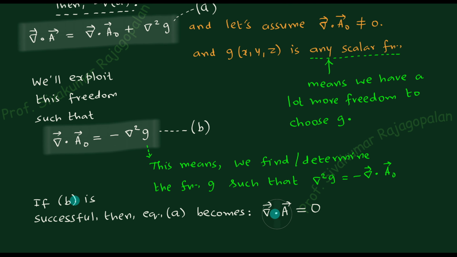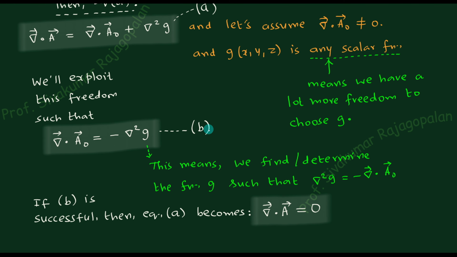So ultimately we have this expression, and you see that equation A has become a much simpler equation, where the entire right hand side has become 0. It has become 0 because you have the freedom of choosing G in such a way that del square G is equal to the negative of the divergence of A naught.